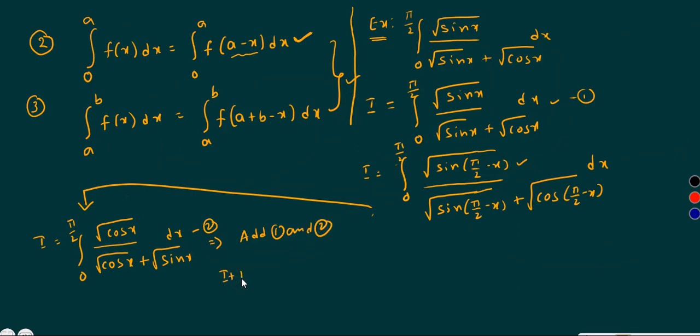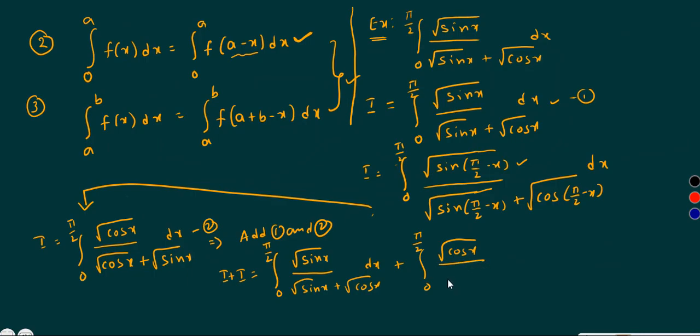So I plus I equals integration from 0 to pi by 2 of root sin x by root sin x plus root cos x dx plus integration from 0 to pi by 2 of root cos x by root cos x plus root sin x dx.